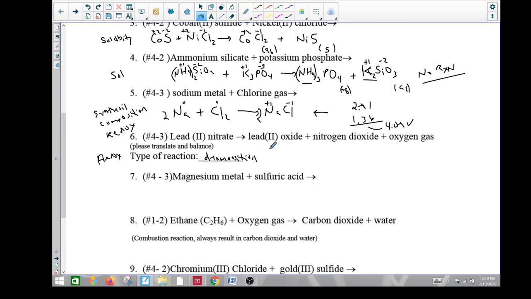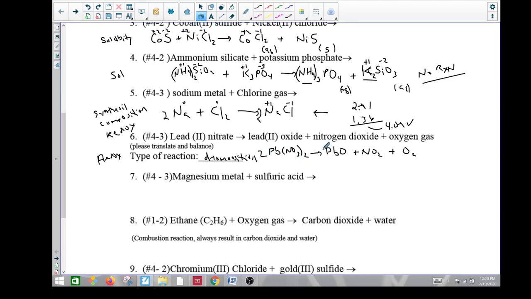So this is going to be Pb(NO3)2 goes to PbO plus NO2 plus O2. There's another example of a diatomic molecule here. Balancing wise, 2, 2, 4, 1.